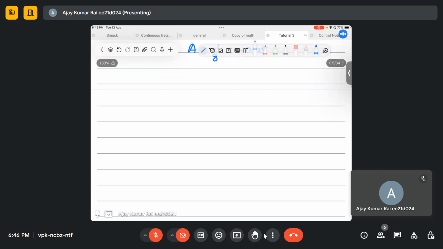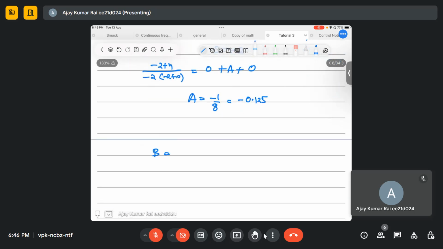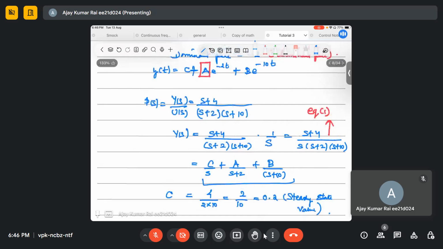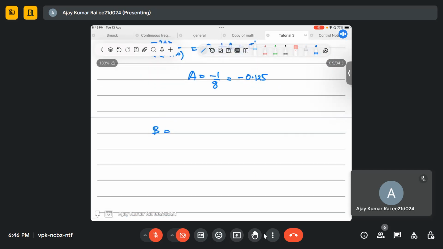B also. So to find b, I'm directly writing it. Again same thing you have to do, just multiply equation 1 with s plus 10. So you'll get b, so it will be minus 10 plus 4, minus 10 minus 10 plus 2. Here minus 6, minus 10 into 8.